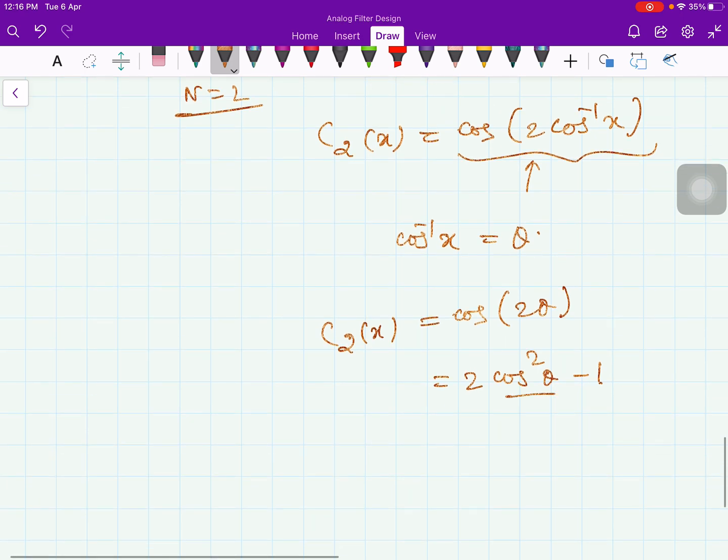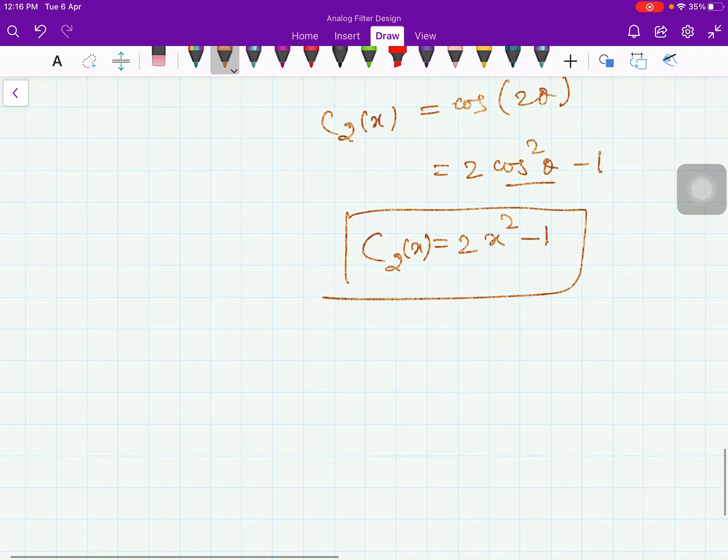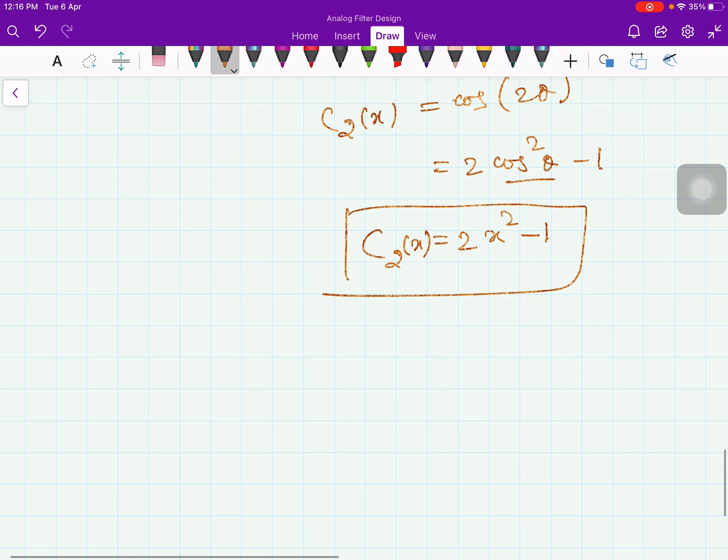Now what is cos theta? From this, x is equal to cos theta, so cos squared theta is x squared, so 2x squared minus 1. Therefore C2 of x is 2x squared minus 1. Because ultimately our interest is in the variable x, that is why I brought it back to x here.